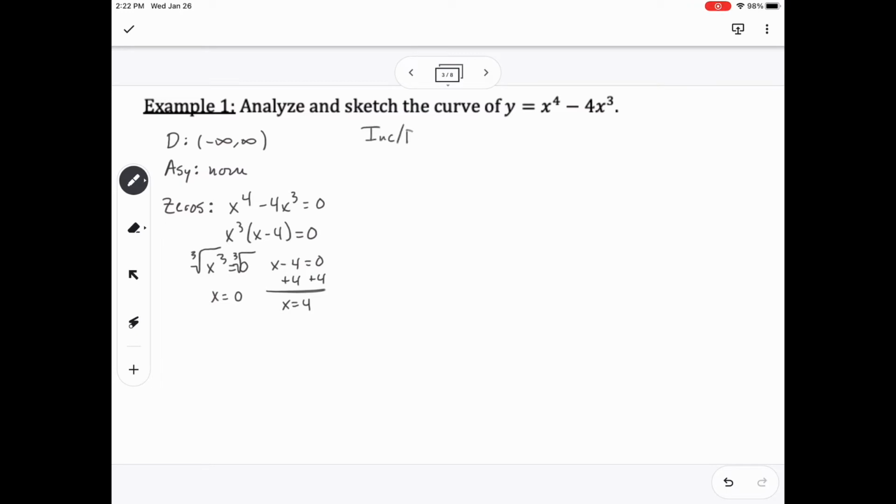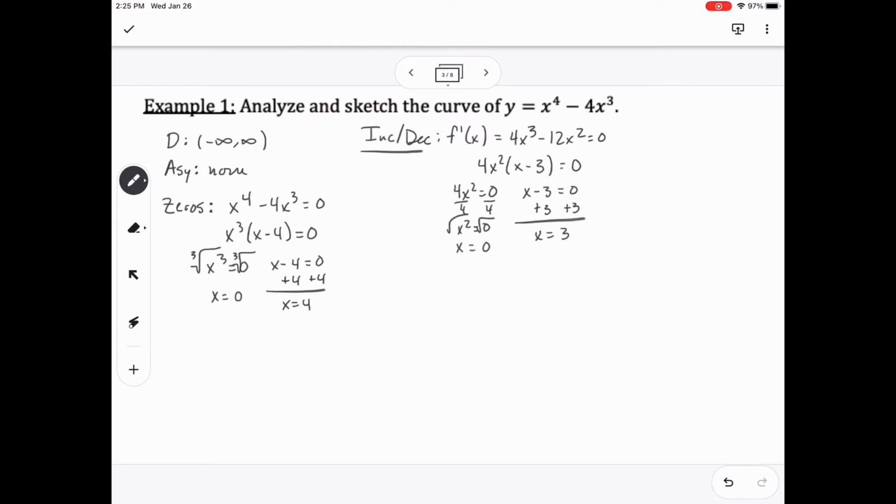From there, I want to find the intervals of increasing and decreasing, which means I need to take the first derivative of my function, which gives me 4x cubed minus 12x squared. I set that equal to 0, because that'll allow me to find my critical numbers as well. Solving, I find that it's 0 and 3.